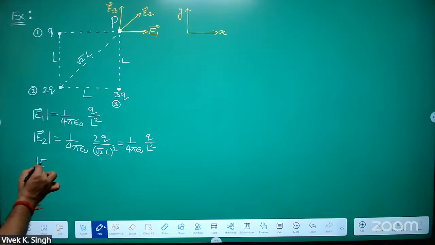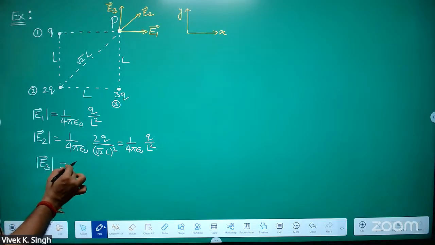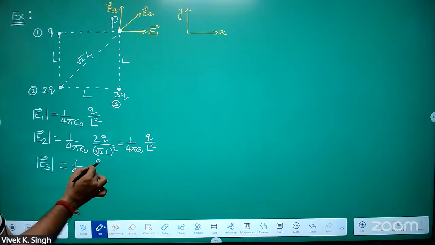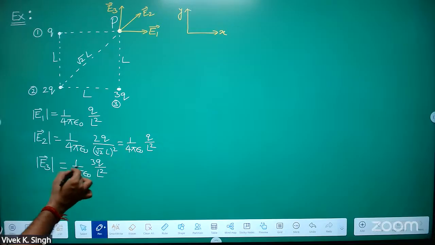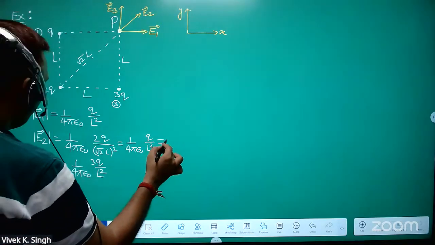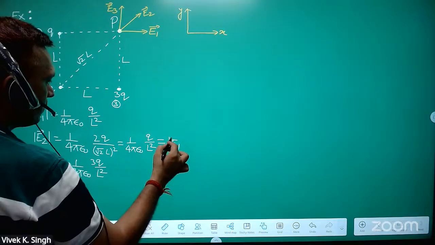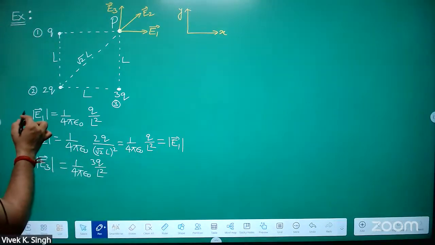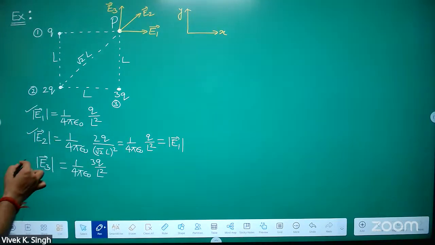And the magnitude of E3 is 1 by 4 pi epsilon naught 3Q by L square. So just see, the magnitudes of E1 and E2 are the same, and E3 is different.